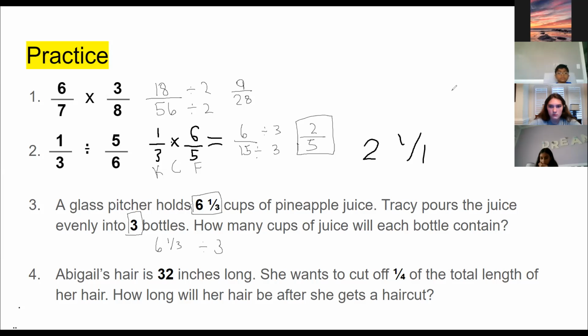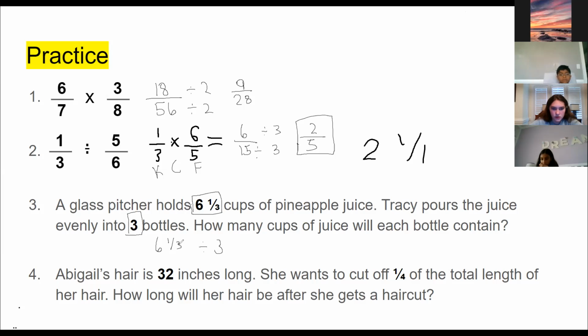Because it's like 2 plus 1/2, plus another 3 of those equals 6 1/3. Well, let's see if you're right.